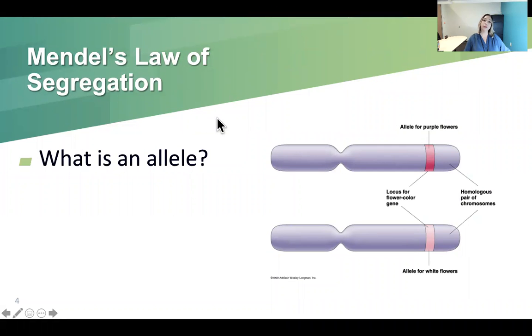We've talked a little bit about alleles when we were discussing mitosis and meiosis, so this will serve as a review. The technical definition of an allele is a version of a gene.